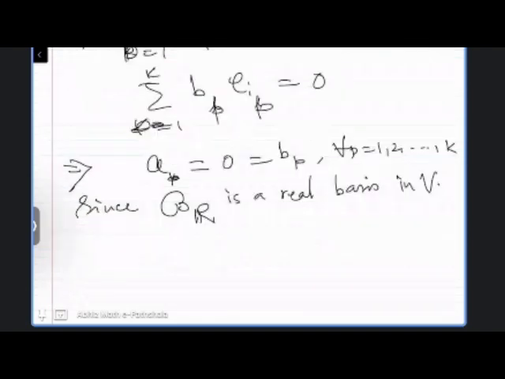So all these scalars a_p, b_p are all 0.